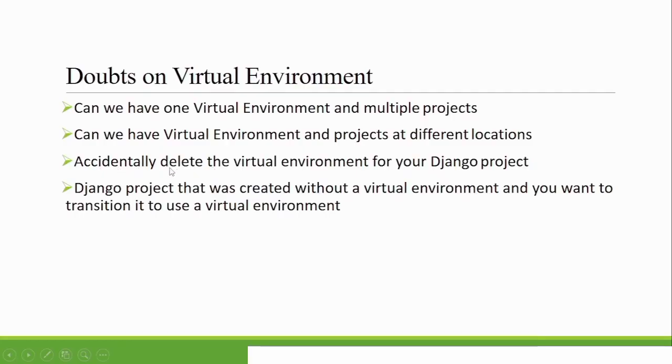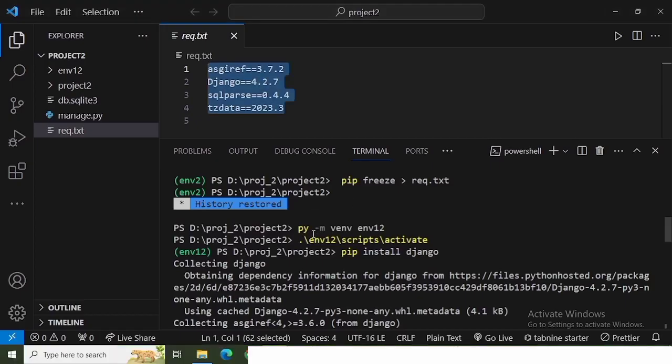So we have seen this also: if you have accidentally deleted the virtual environment, how you can recreate it. Now suppose you have created a Django project without the virtual environment. Tomorrow, if you want to create a virtual environment for it, you can do it. How will you do it? Similar to this one only. You will first create a virtual environment with the help of this command.